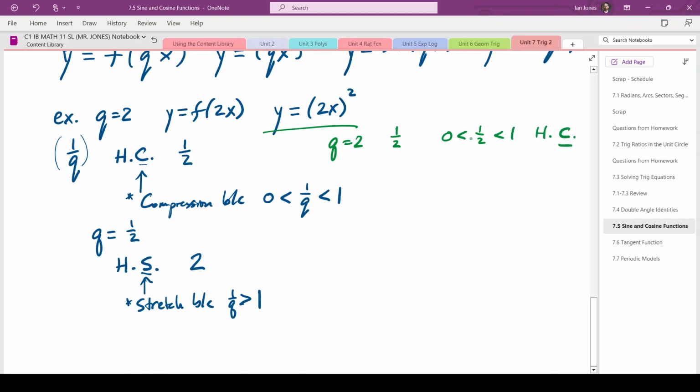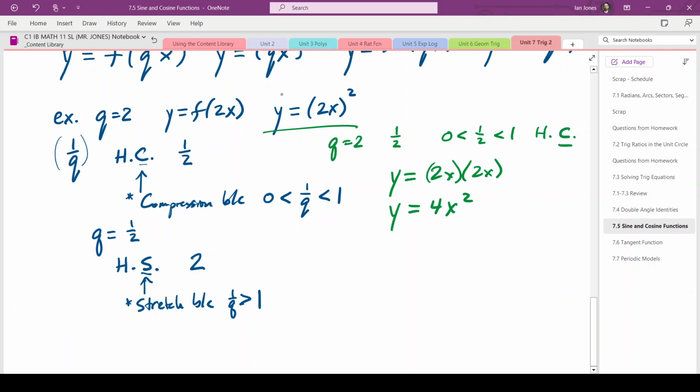The compression is because the reciprocal is a half. Okay, but I could take this and I could square it out, right? (2x) squared is 2x times 2x. Let's just be a little bit slow just for the fun of it. And this is 2x times 2x. All these are multiplied, so this is 4x squared.